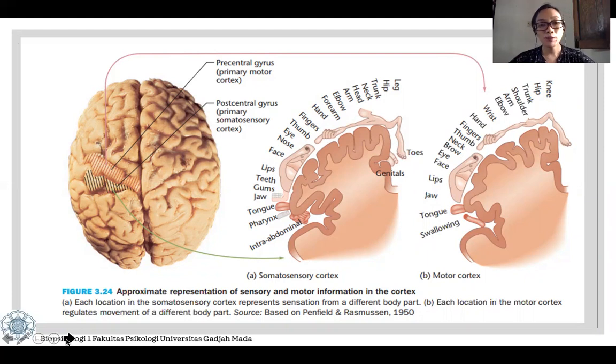And information about touch and body location is important not only for its own shape, but also for interpreting visual and auditory information. So for example, if you see something in the upper left portion of your visual field, your brain needs to know which direction your eyes are turned, right? So the position of your head and the tilt of your body is important before it can determine the location of whatever you see.